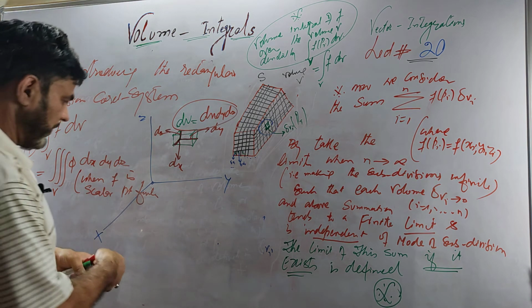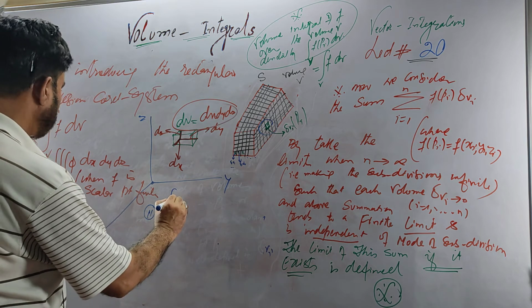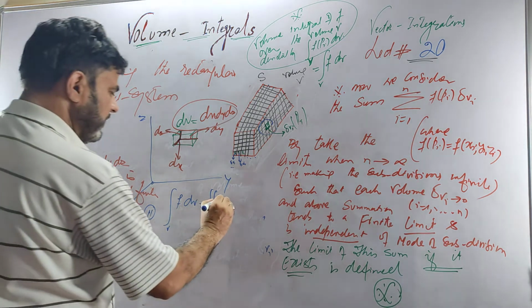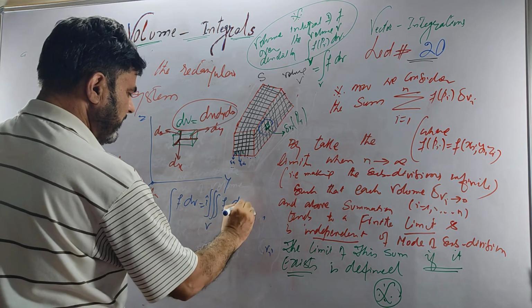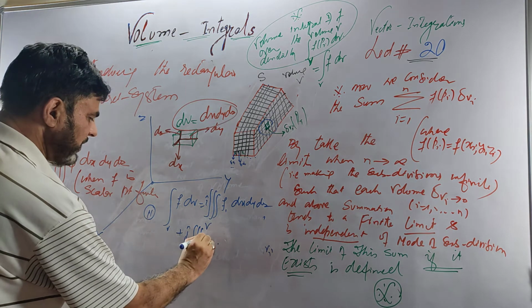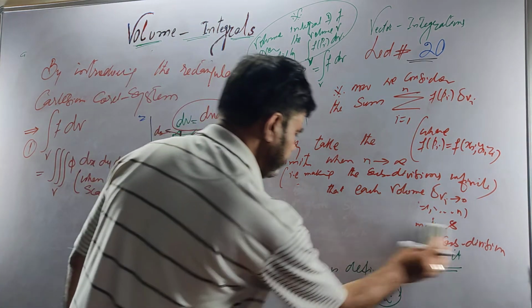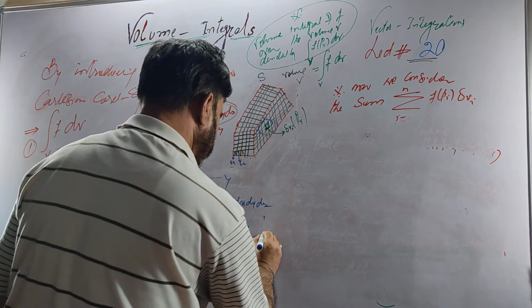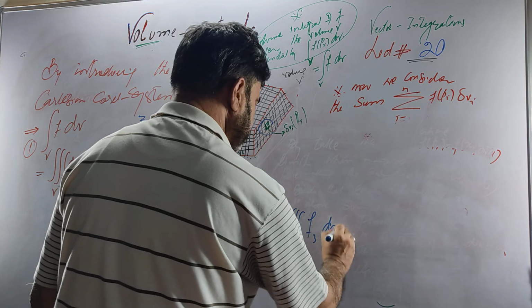And you can write the same volume integral in the second condition. Just look here. You can write the volume integral over V of f dV as a triple integral over the volume V: i times triple integral of f1 dx dy dz, plus j times triple integral over V of f2 dx dy dz, plus k times triple integral over volume V of f3 dx dy dz.